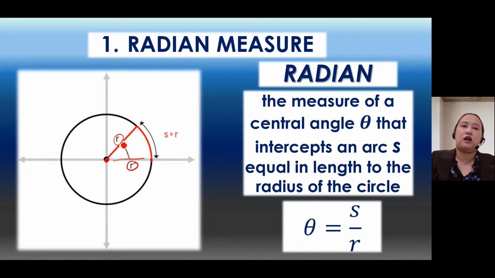You can notice that the initial side and the terminal side are both written as R, the radius. And on the circumference we have the arc S, and it is equivalent to the radius.